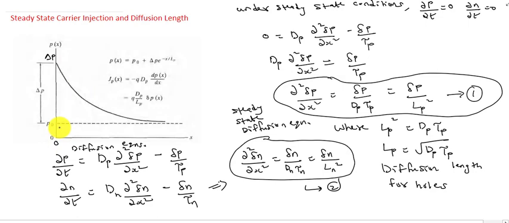If we spray from a position in a room, then the spray molecules will gradually spread uniformly to the whole room. Similar to that, at x equal to 0, the excess hole concentration value is delta p, and this value will exponentially decrease to 0 at some infinite position for x.